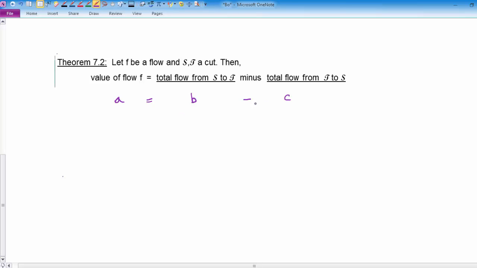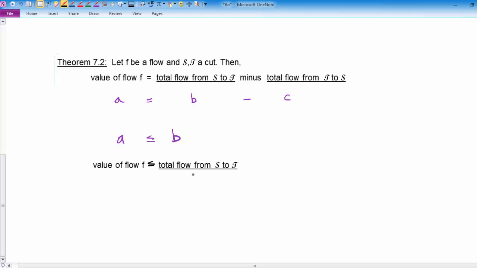So when we remove the minus C here, then we're taking nothing away from B. So B has to be greater than or equal to A at least. So this says that the value of the flow F is less than or equal to the total flow from S to T.